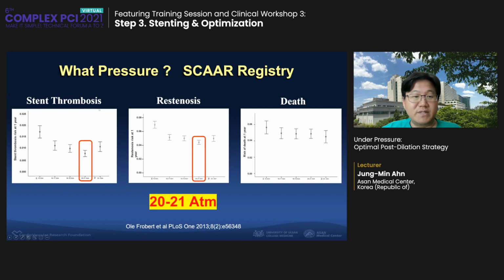The risk of stent thrombosis and restenosis is reduced as the post-dilatation pressure increases, but with very high balloon pressure, the risk of stent thrombosis and restenosis increases a little bit. This is registry data with some limitations, but we can say that at least more than 20 atmospheres would be the optimal post-dilatation balloon pressure.